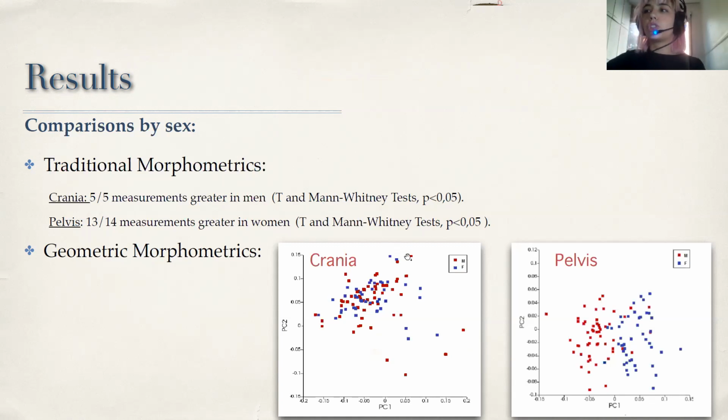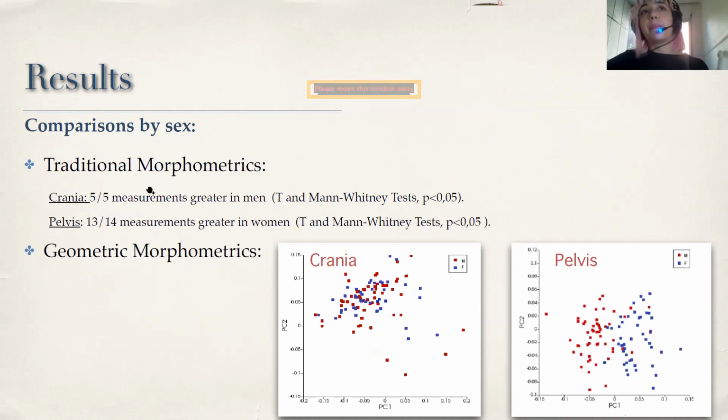But if you look at the chart of the principal components of cranial shape obtained by geometric morphometrics, you can see there is no clear division between the sexes. They are colored in red and blue, which means that these significant differences were probably effects of size, because in geometric morphometrics, size is not taken into account, it's only shape.